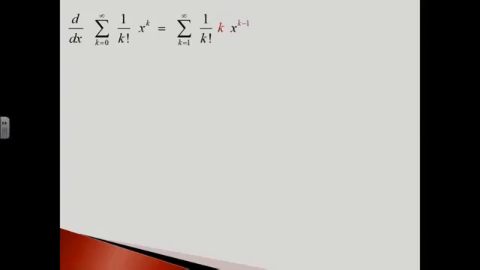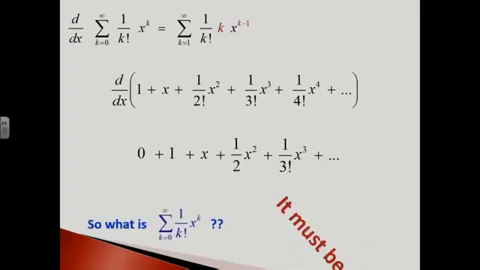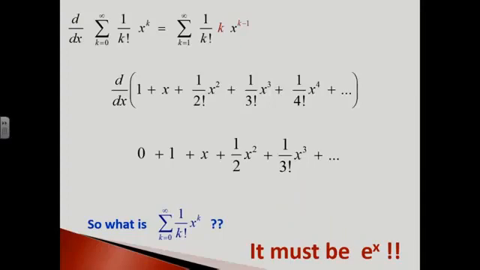Differentiating this series gives 1 divided by k factorial multiplied by k multiplied by x to the power of k minus 1. We list the terms of the initial series and the resulting series. As they are the same series, the derivative of the given series equals itself, so the given series must be the representation of exponential of x.